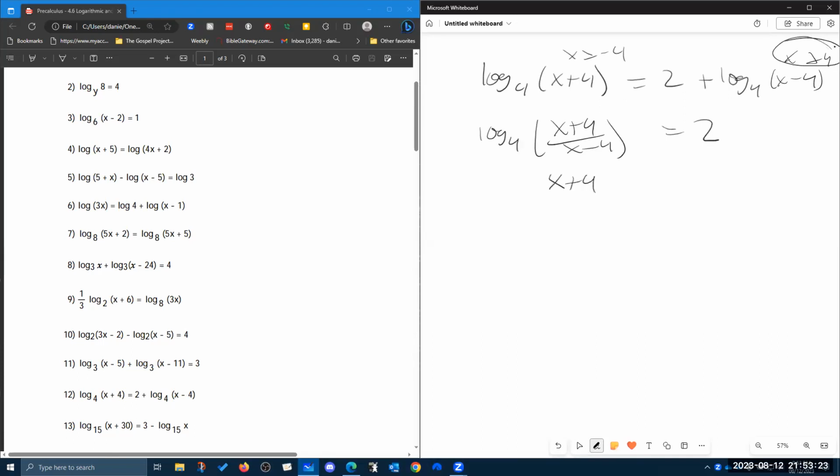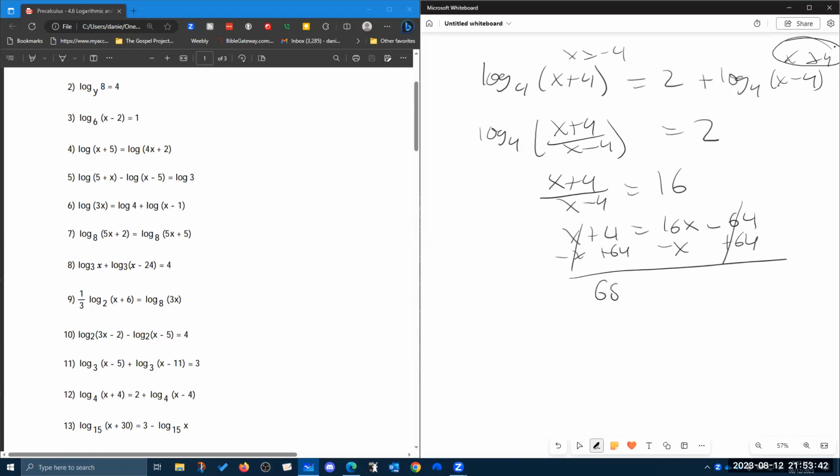X plus 4 over x minus 4 equals 4 to the second is 16. X plus 4 equals 16x minus 64. Subtract x, add 64. 68 equals 15x. X equals 68 over 15.